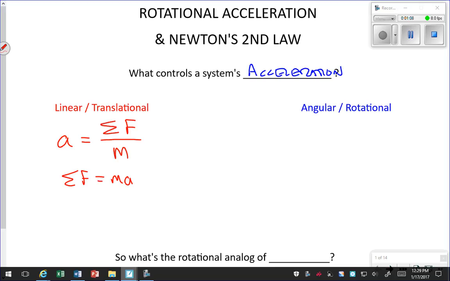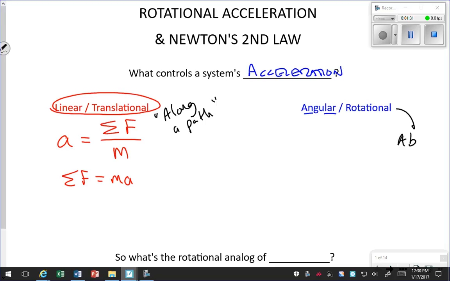Okay, fine. Now, what controls a system's angular acceleration or rotational acceleration? This is linear, translational. What my people sometimes hear me say is along a path, as opposed to here, where we mean about an axis.